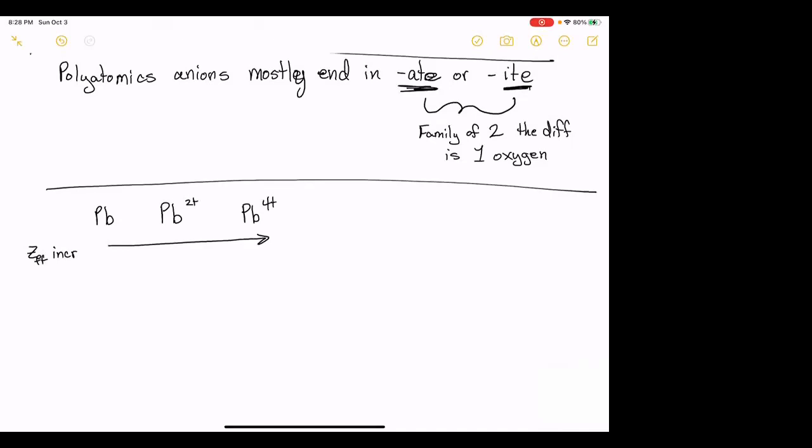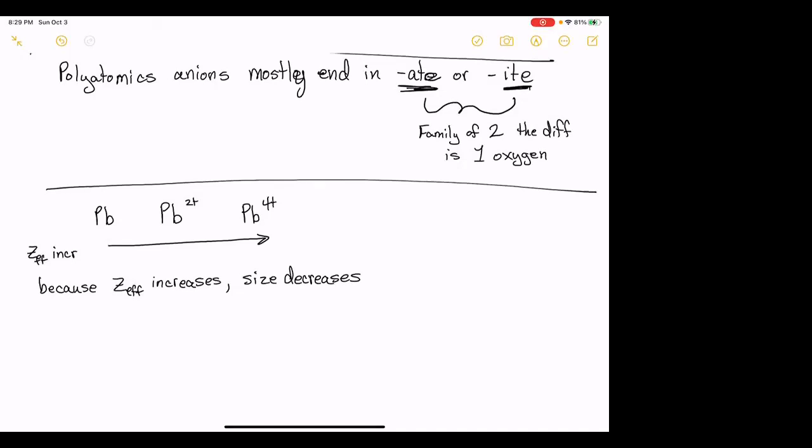Because the Z effective increases, size decreases. So in other words, as your element becomes more positively charged, the size is going to decrease.